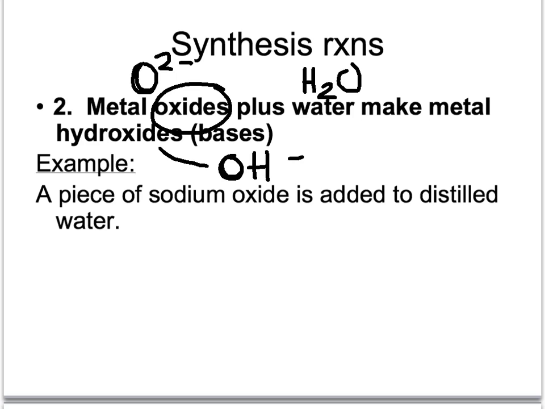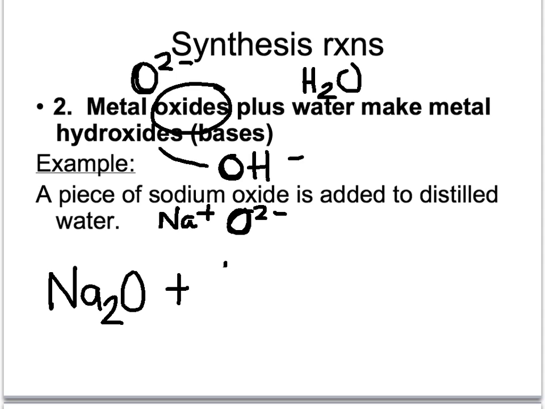So if we took a piece of sodium oxide, well, sodium is Na with a plus 1 charge, oxygen is O2 minus, and we add it to distilled water. So Na and O2 minus give you Na2O plus H2O, and it's going to make a metal hydroxide.